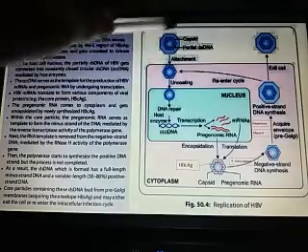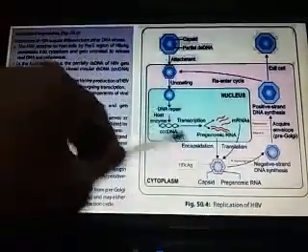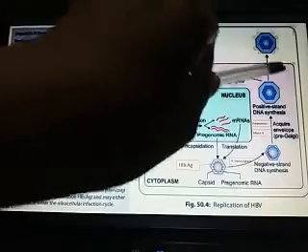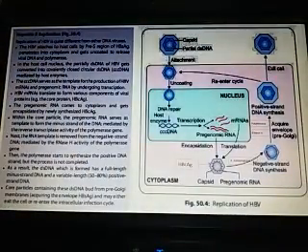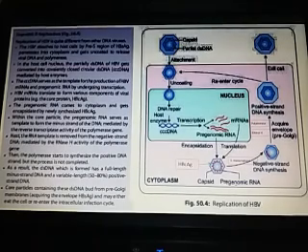In this way, this virus is replicated inside the host cell by using the nucleus and cytoplasm both, and completes its replication process and produces several hepatitis B viruses that are ready to infect other host cells.